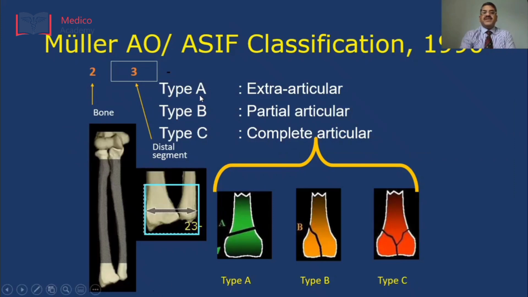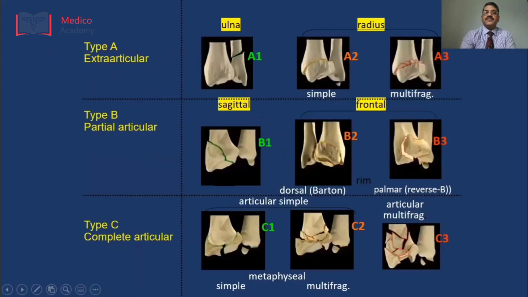Then, depending upon whether it is extra-articular, which would classify it as type A, a partial articular fracture as type B, and a complete articular fracture as type C, you could divide it into 2-3 type A, B, and C fractures. Now there is a subdivision of each component. Type A is divided into A1, A2, and A3.